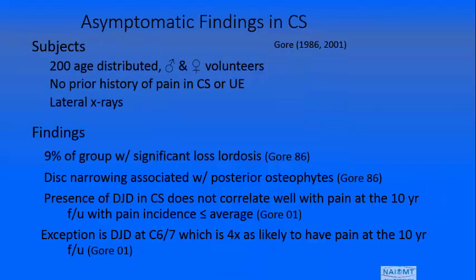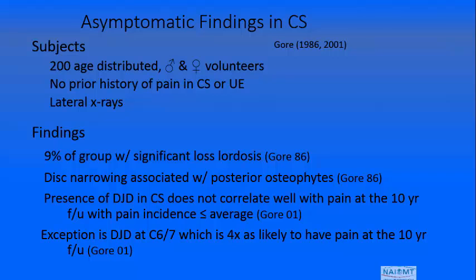Something we need to remind ourselves and our patients is that there are asymptomatic findings on radiographs. Most patients expect to have diagnostic testing performed and often come in with an idea that degenerative changes shown in their X-ray, CT scan, or MRI show the reason for their pain.